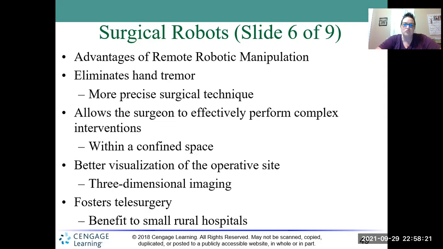And those really complex interventions that were needed in really confined spaces, like the microvascular and neurosurgery, it allows the robot to go in and do that microscopic work. And then there is a much better visualization using the robotics and 3-dimensional imaging.